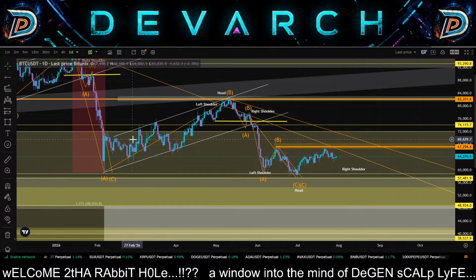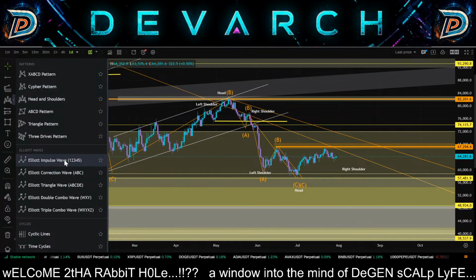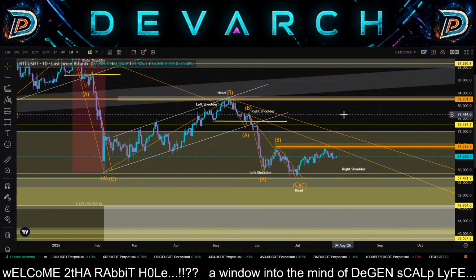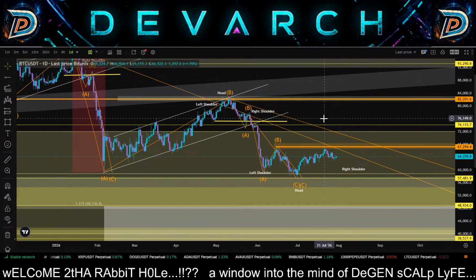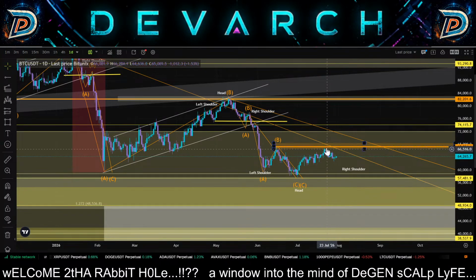What's most likely to happen, and this is where I can, you know what, I'm going to do the right thing and not do wave mapping of impulses until technically we have an impulse wave to map. In the daily structure, you can see here there's no impulse.